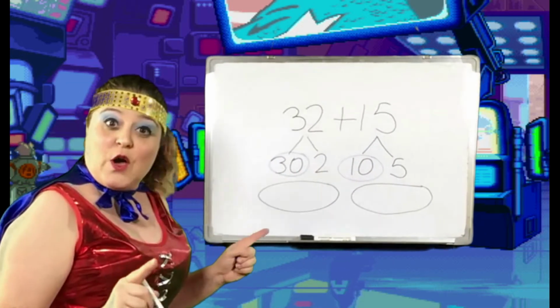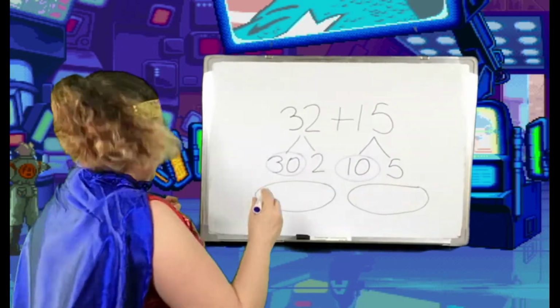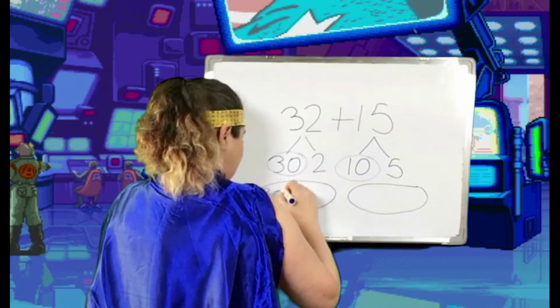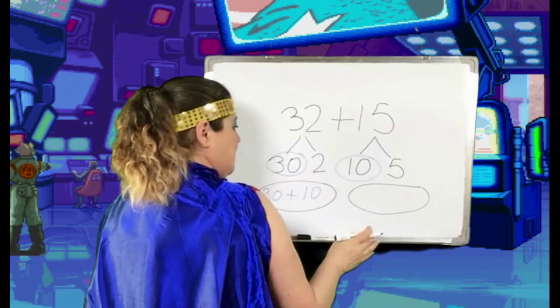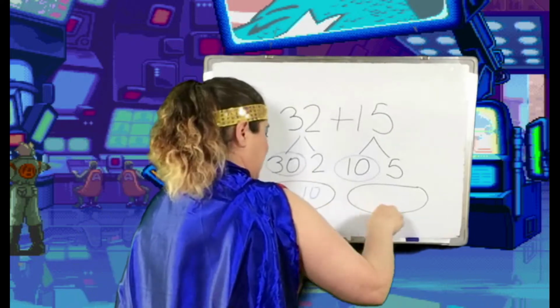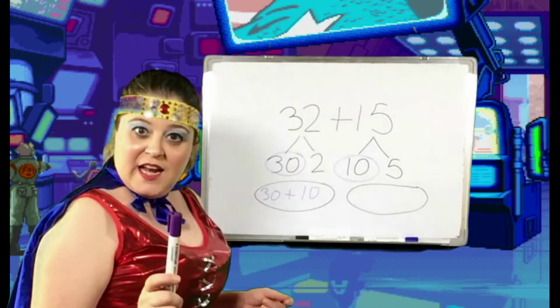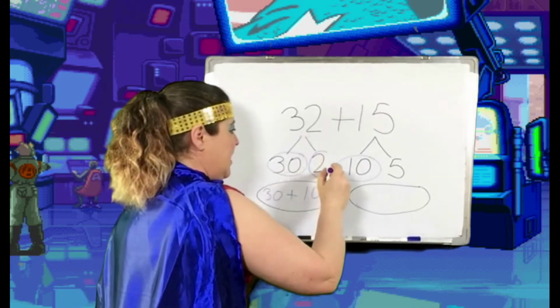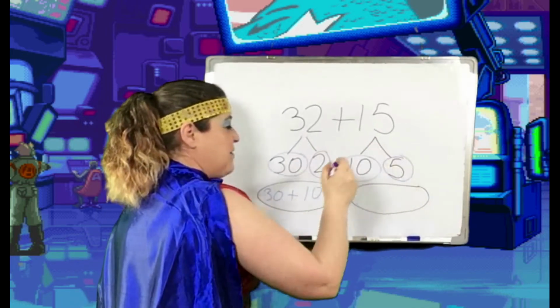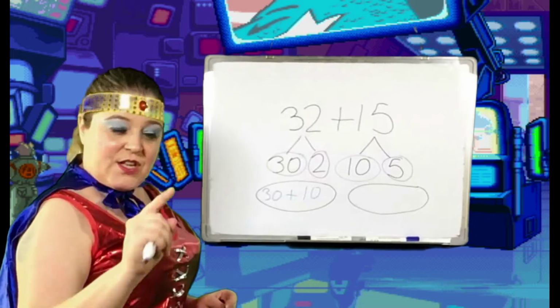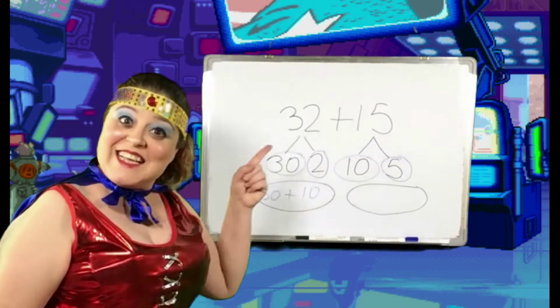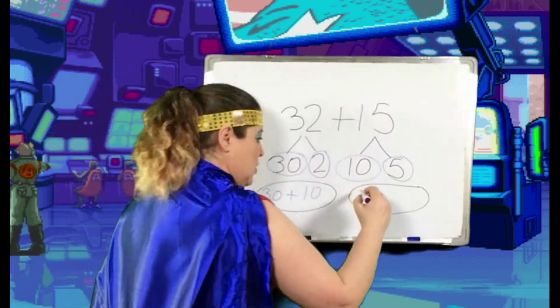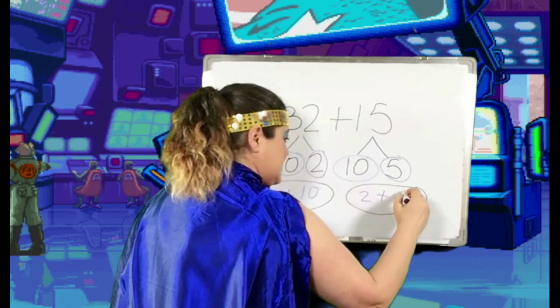So we're going to put those in the first circle. 30 plus 10. Now let's take a look at the ones. We have a 2 here and a 5 there. So we put the ones in the second circle. 2 plus 5.